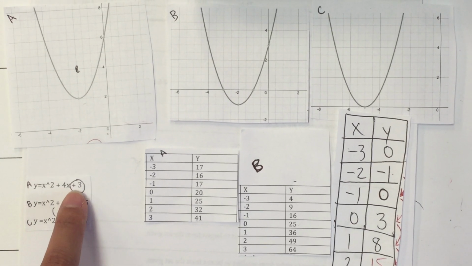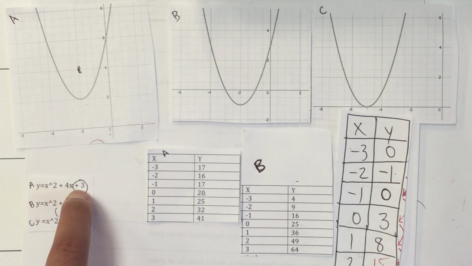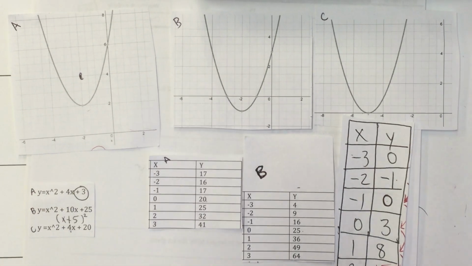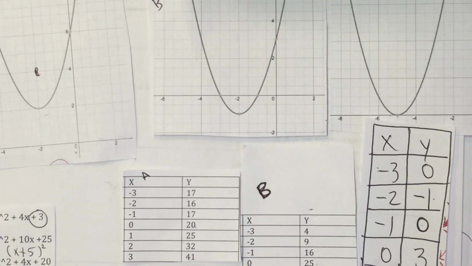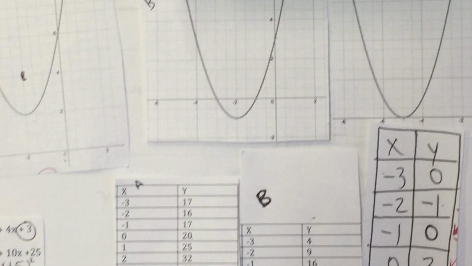It says that my y-intercept is at 3. So which of my 3 graphs shows that my y-intercept is at 3?